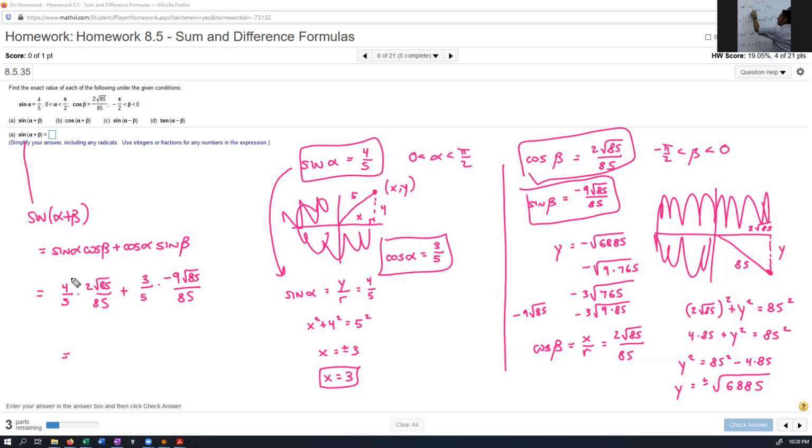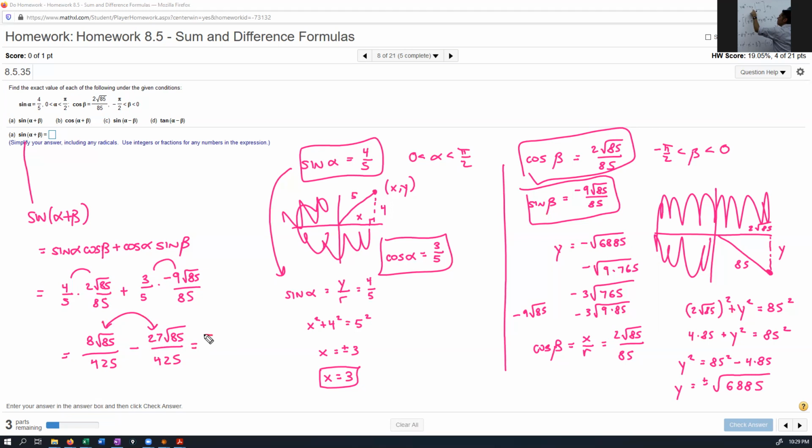Okay, so we multiply across the top, we get 8√85 over, let's see, 5 times 85 is 425. And this will turn out to be a minus because there's a negative sign there. So that'll be negative 27√85 over 425. And these are like radicals, so we can subtract. We have 8 of them, and we're taking away 27 of them.